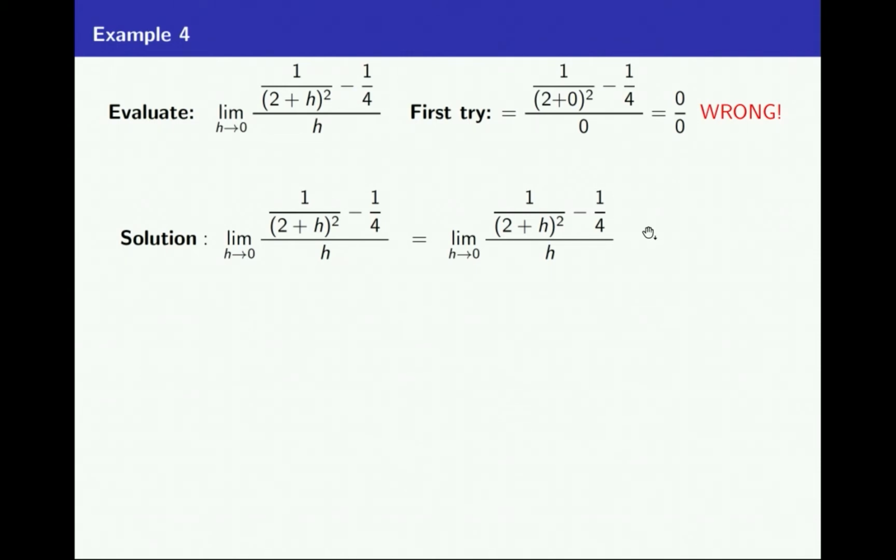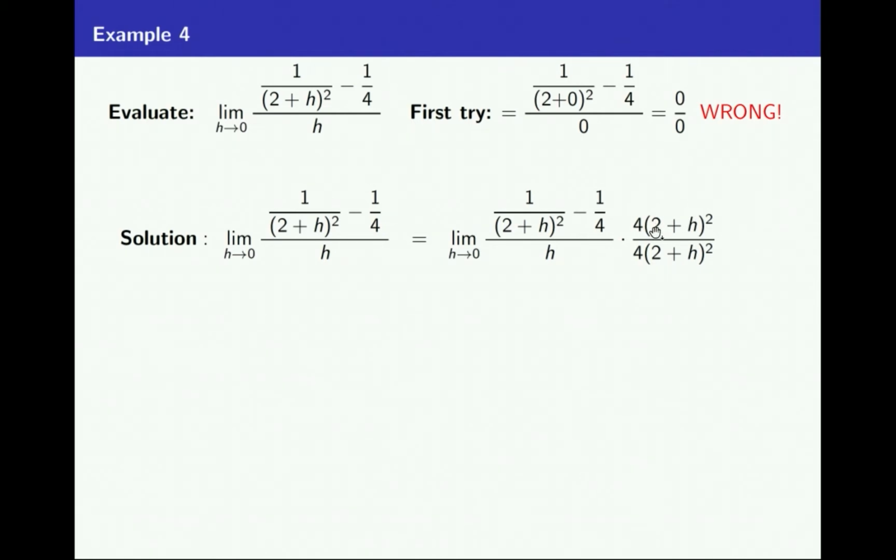And mimicking the idea from the previous example, a good strategy would be to multiply by 4 times 2 plus h quantity squared divided by itself, because that would knock out these fractions. Multiply by 4 times 2 plus h quantity squared divided by itself.